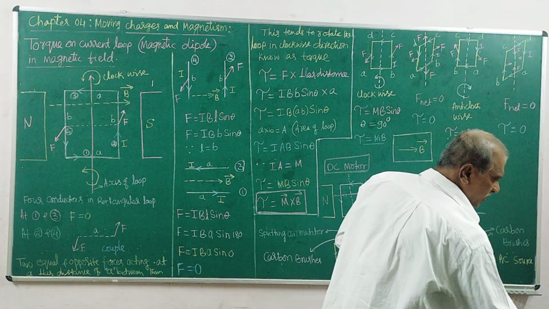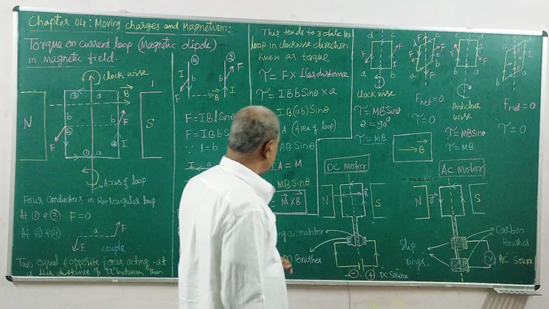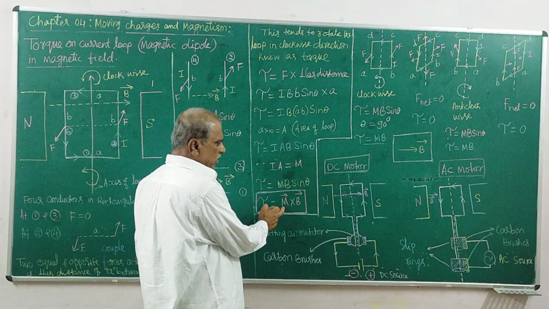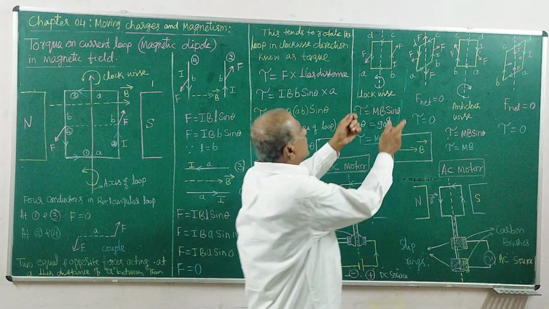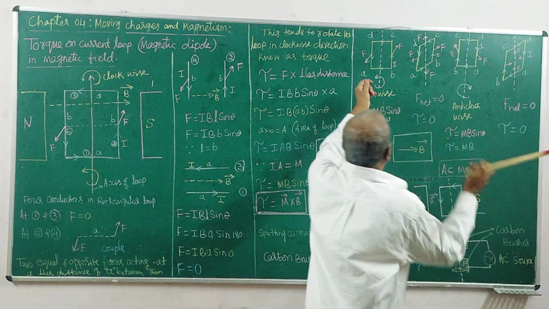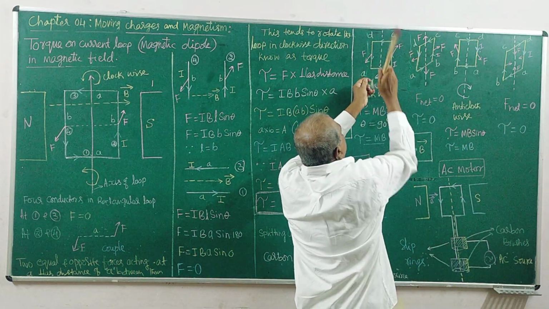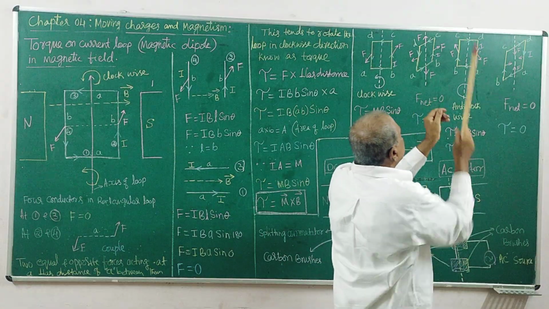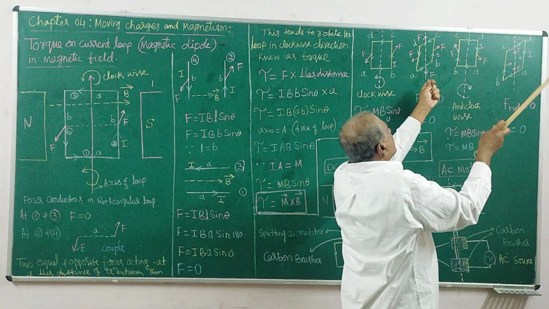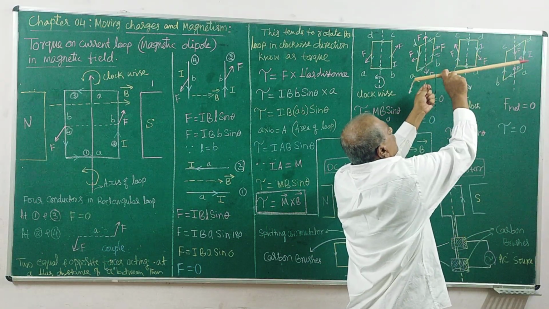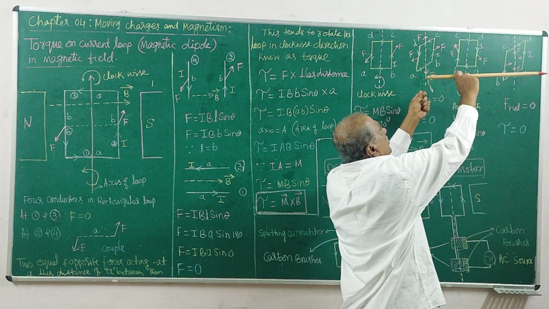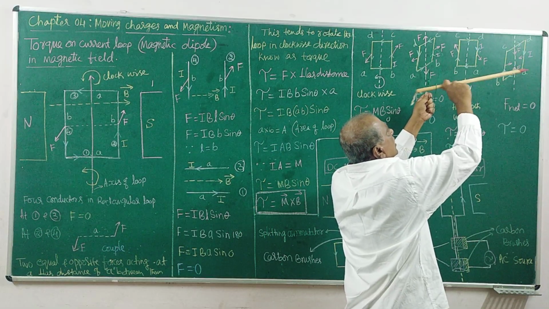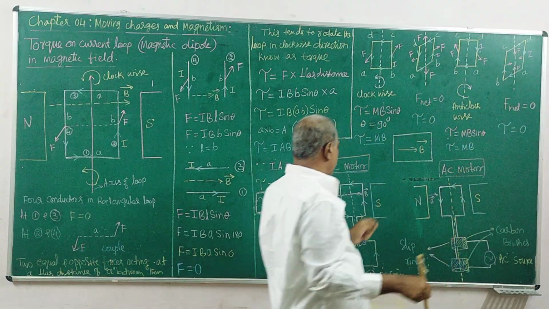Using also the direction of the magnetic field, that is magnetic field B and magnetic dipole moment M. With this alignment, the direction of M is this, perpendicular to the magnetic field. When this is the alignment, this is the direction of the magnetic moment. The magnetic moment and the magnetic field are in the same direction, angle 0.